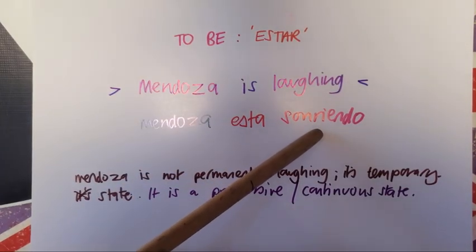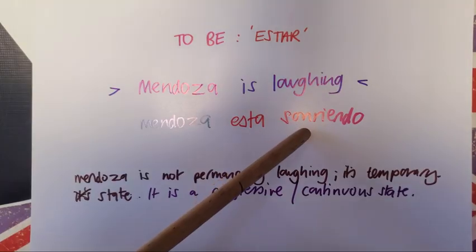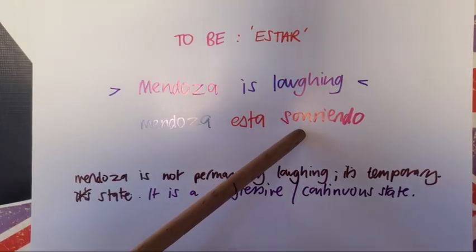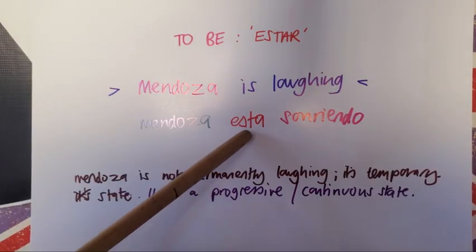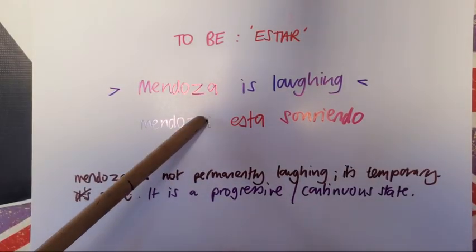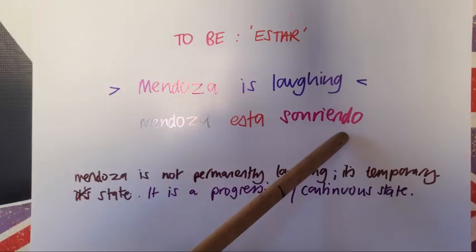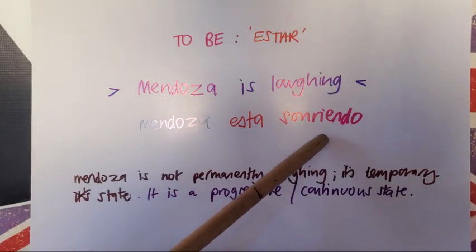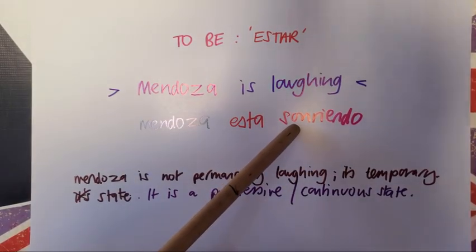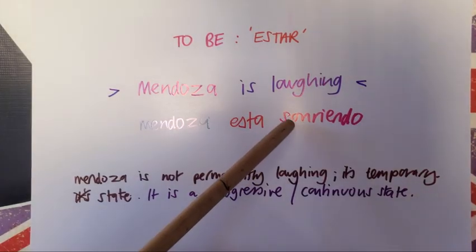Remember, present simple, Mendoza sonríe, Mendoza laughs, and Mendoza is laughing, Mendoza está sonriendo. I hope you do know the verb to laugh is sonreír.